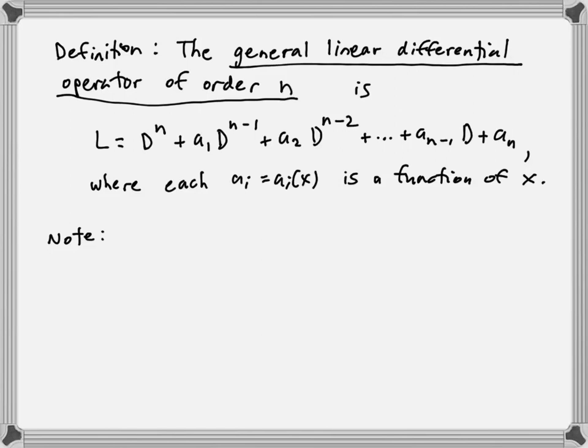L itself is a map, right? It takes C n of I to C0 of I. This guy is a linear transformation. And how is it defined?